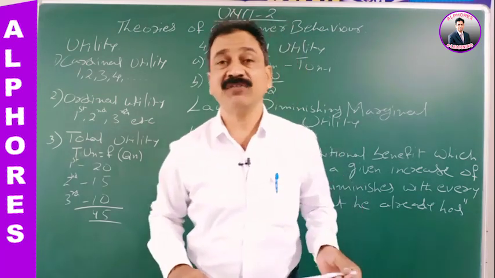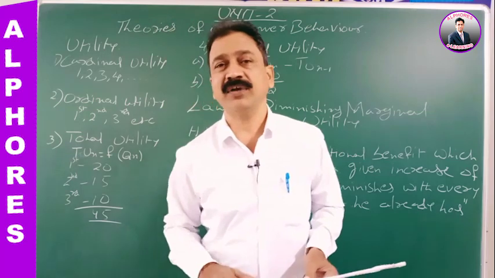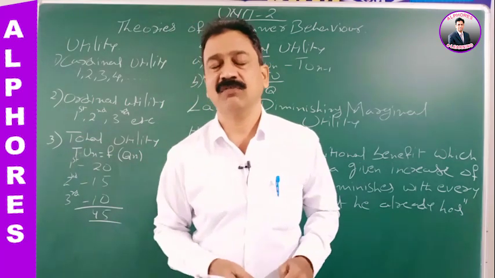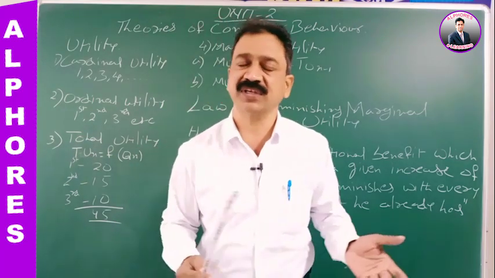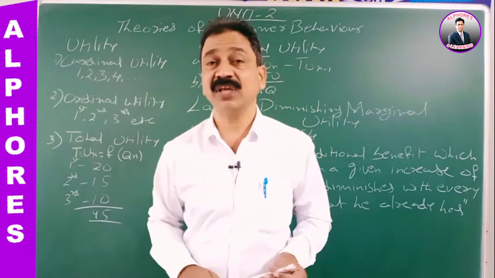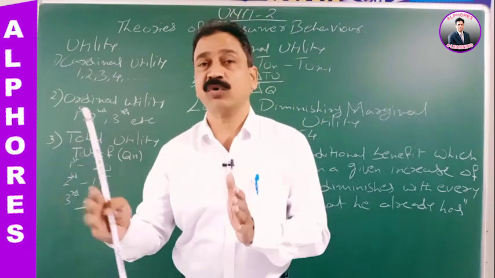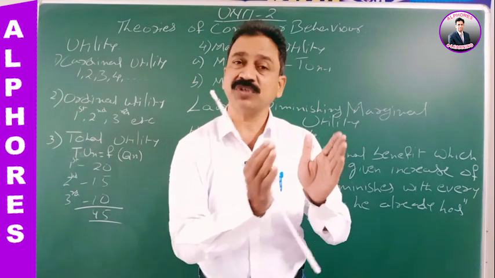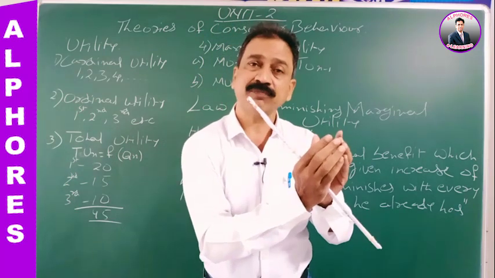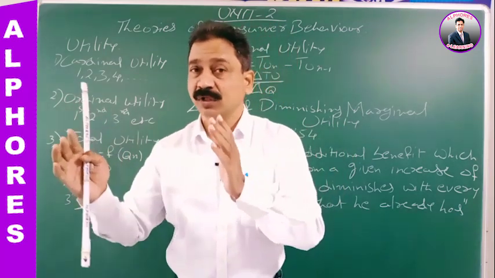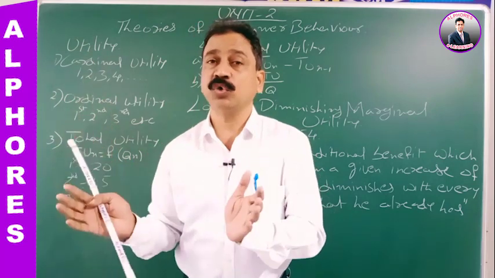After that we have seen different concepts: what is consumption, what is production, etc. Next we have seen microeconomics and macroeconomics. Microeconomics discusses individual small units, macroeconomics discusses large aggregates in toto.